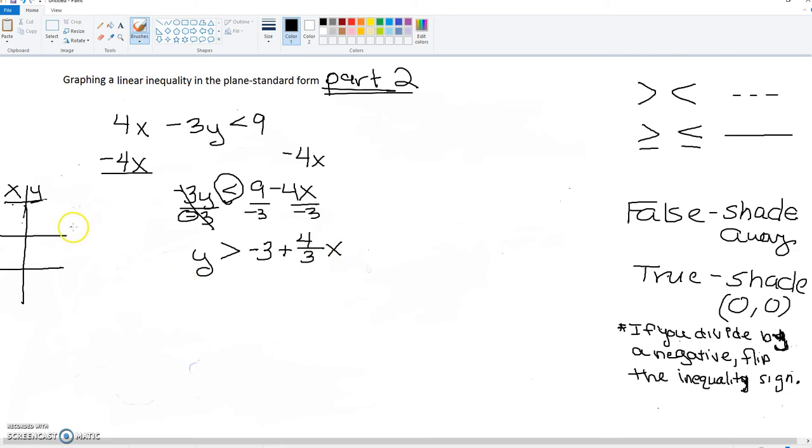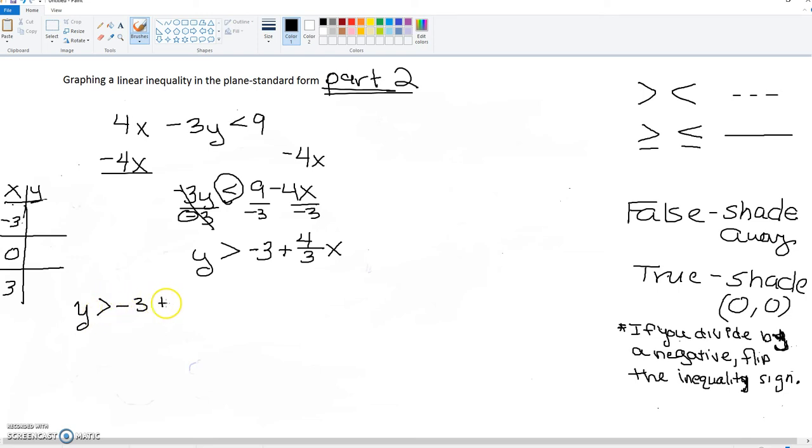Now, in order to solve this quickly, if you don't have a calculator, the easiest thing to do would be to take that denominator and use negative 3, 0, and 3 to substitute into our problem. So I'm going to work it out here.